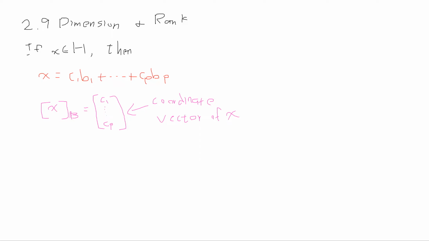Okay, so let's take a look at an example. Example 1 says let v1 and v2 be those vectors and x be that, and we have a basis B. We have a basis which consists of v1 and v2: 3, 6, 2 and -1, 0, 1.